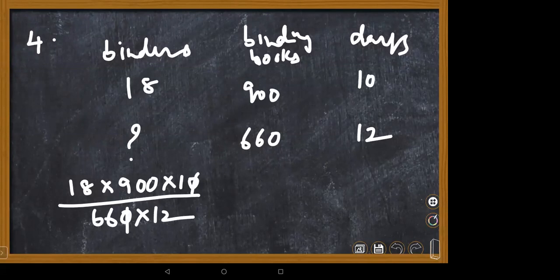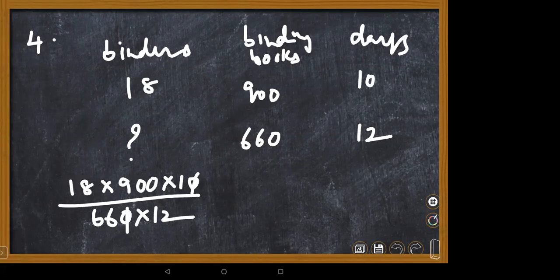This you have to try by seeing only, and you can understand. There are 18 binders that bind 900 books in 10 days. How many binders will be required to bind 660 books? Books are reduced, so days also change, to 12 days. Ma'am, the binders will decrease. Decrease means what happens here? Which ratio can we take? Inverse, right.